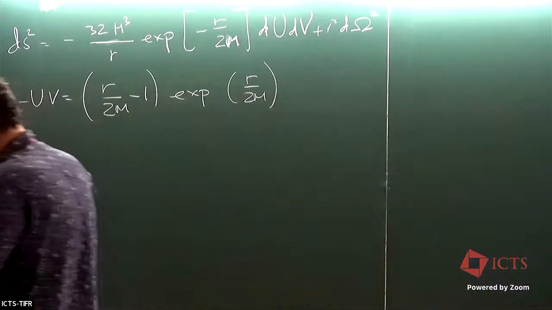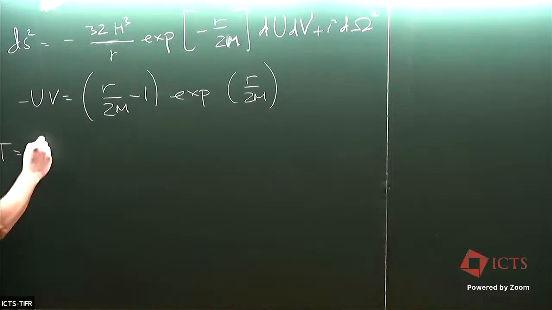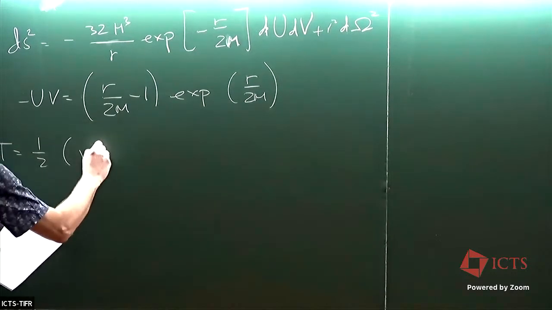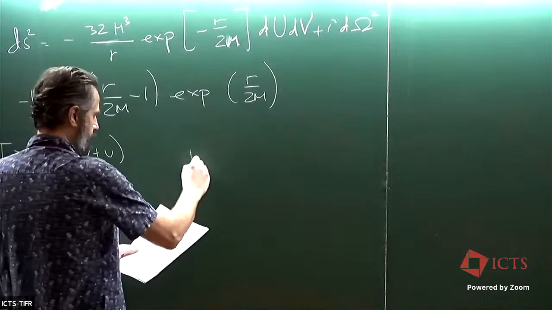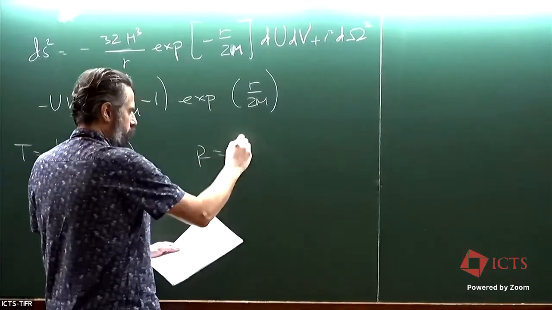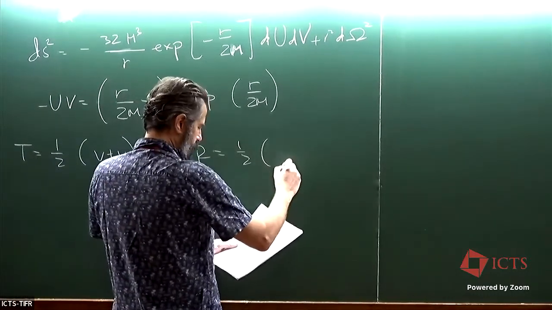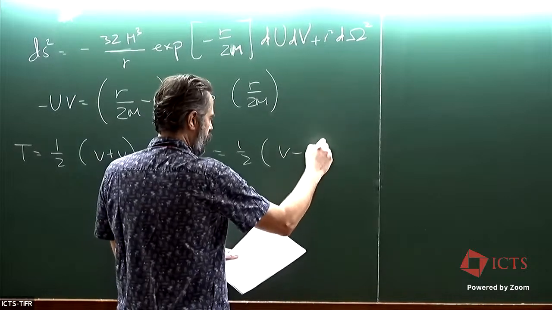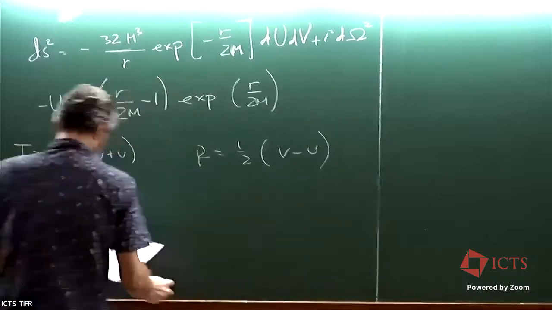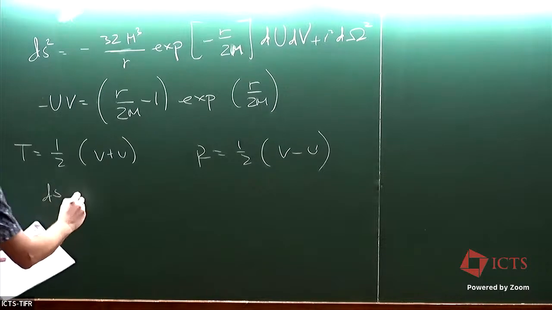Okay. And then you can also write this in terms of capital T and capital R. So you can use just the sum and the difference of V and U, and we write the line element in this way.